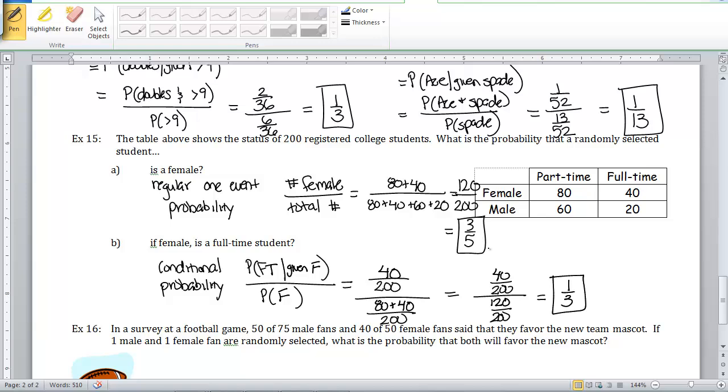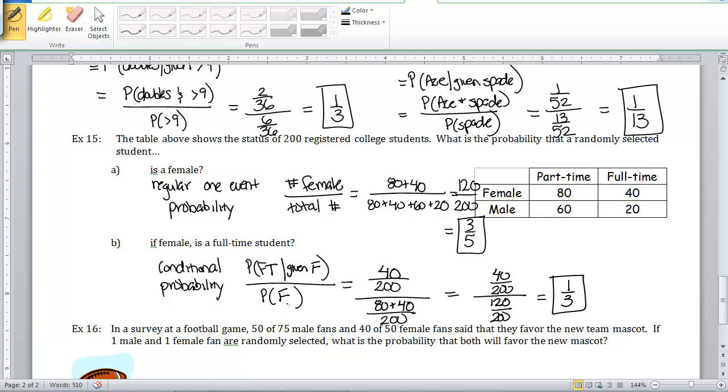Now in B, we said if it's female, what's the probability that she is full-time? This is conditional. We first had to meet the condition that she was female. So I needed to find the probability that you were full-time given you're female, and there's only one value where you have both full-time and female, 40 out of the total 200.